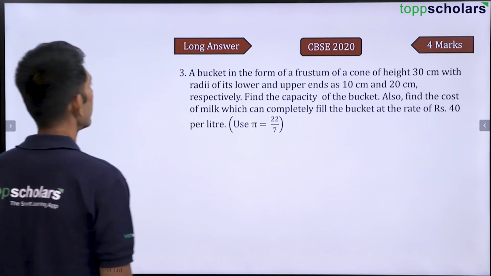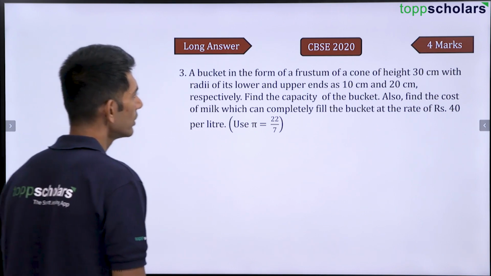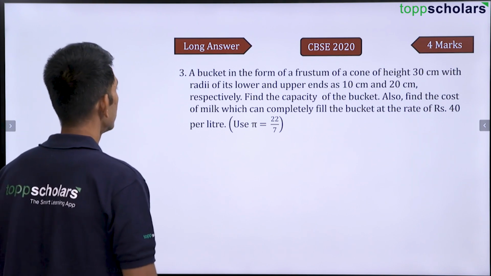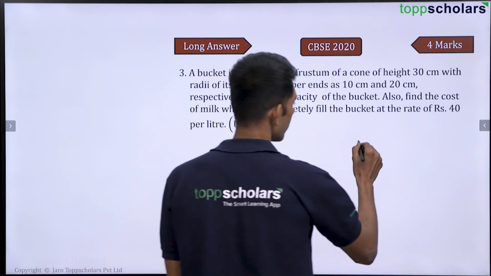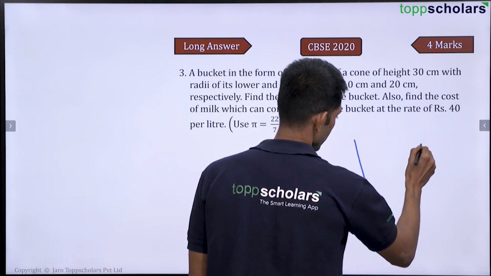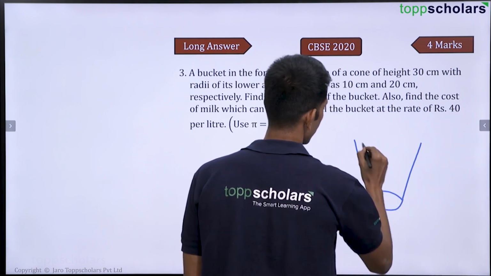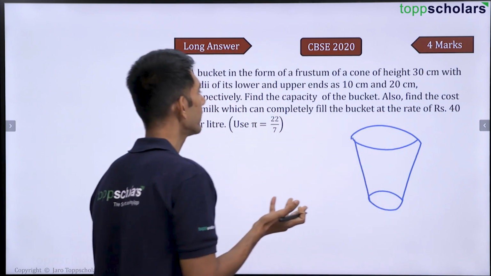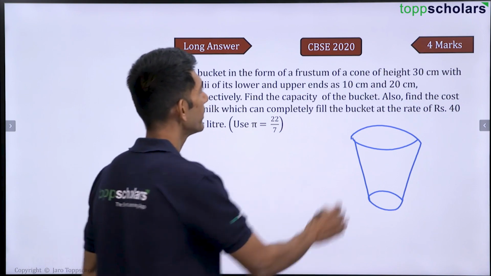It says, a bucket in the form of a frustum of a cone of height 30 centimeters with radii of its lower and upper ends, right? So there is a bucket, or you can say there is a frustum in the form of a bucket whose height is 30 centimeters.